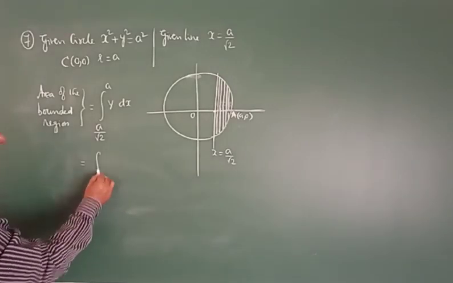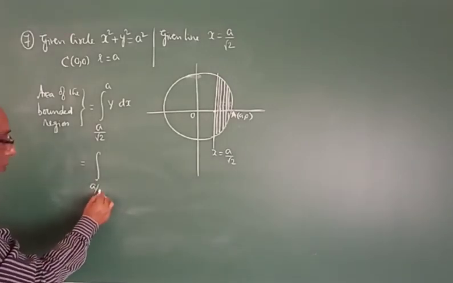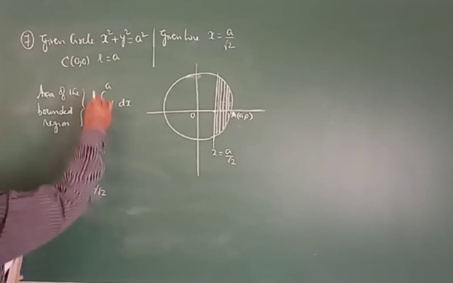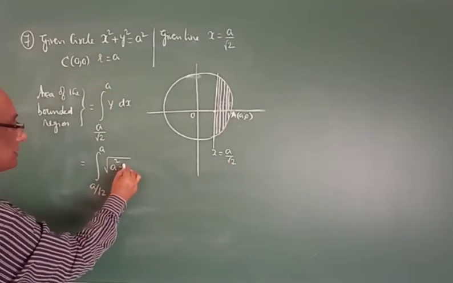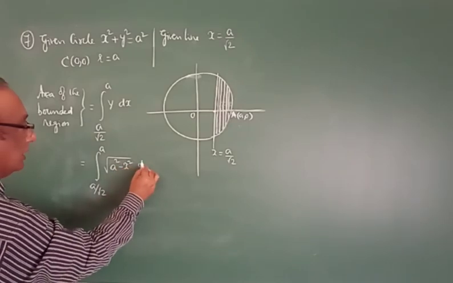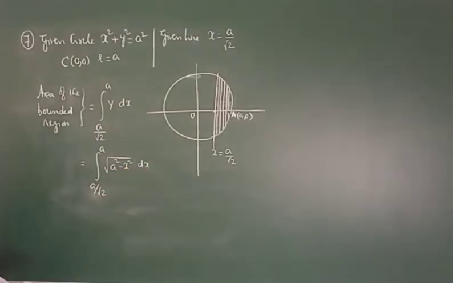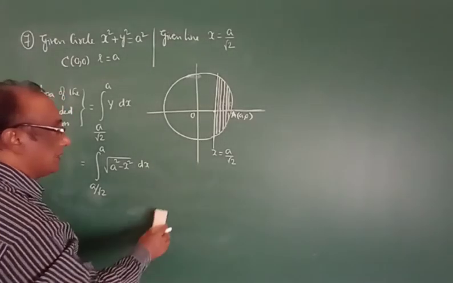Integral from a by root 2 to a. What is the y value? It is root over a square minus x square into dx. Write down, you already know that formula. Write down the formula and simplify, we get the answer.